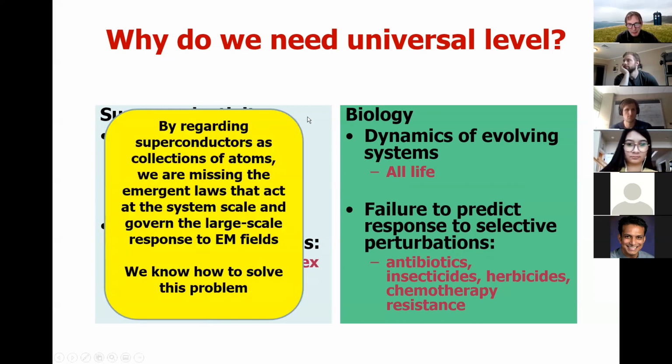Well, in a superconductor, by regarding superconductors reductionistically as collections of atoms, what we missed were the emergent laws that act at the system scale and govern the large-scale response to electromagnetic fields. We know how to solve that problem. The analog problem in biology is what happens when you apply these things.